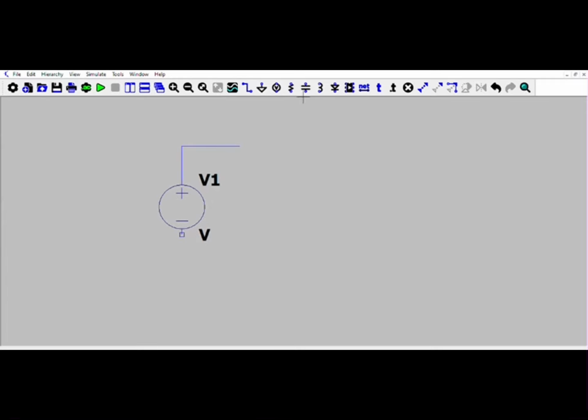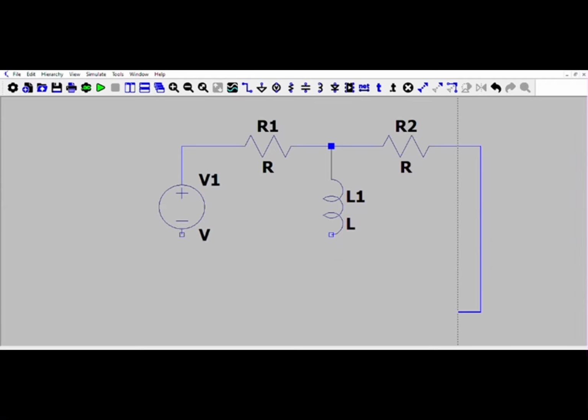Okay, let's move on to the LTSpice simulation. Just like before, we put the V first and then connect it with wire. Just like I drew before, we put 2 resistors on top, and then the inductor, and just connect it. And for the bottom, you put 2 inductors, vice versa from the top, which is L2 and L3.